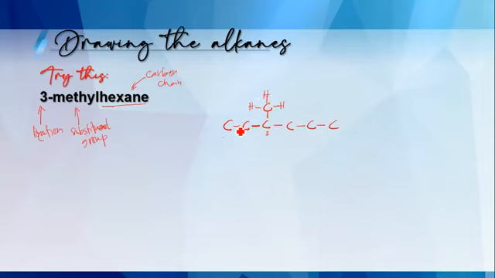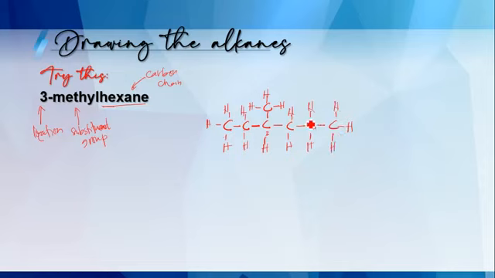Voila. So what you need to do now is just add the hydrogen to complete the structure. As I told you earlier, don't forget to check. Even I sometimes forget to draw the correct number of hydrogens.